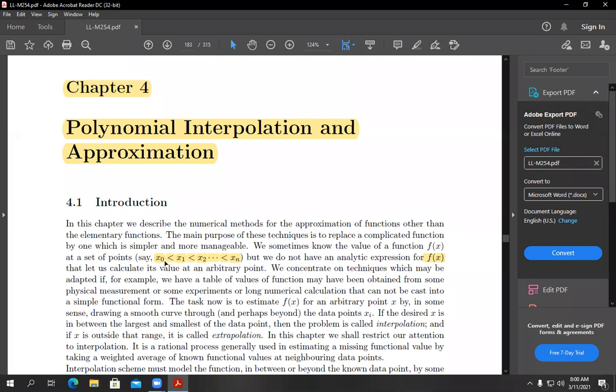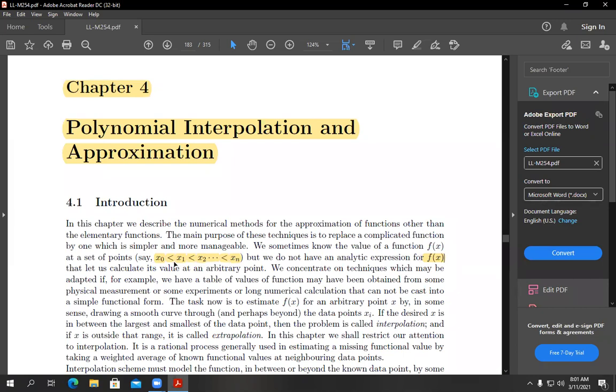Our range of data points is from x0 to xn. So how did we get the table? Someone gave us a table by experiment or by survey. We have no formula for that table. We only know the value of the function at x0, x1, x2, x3, and xn, but we don't know the value of the function at the points in the middle.